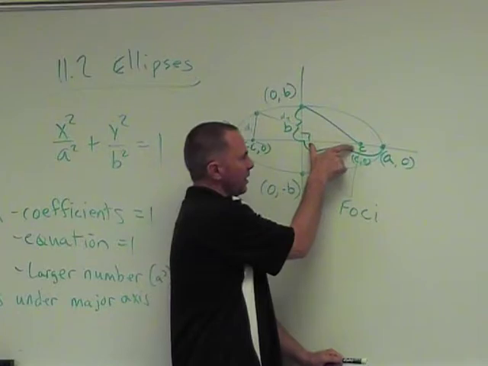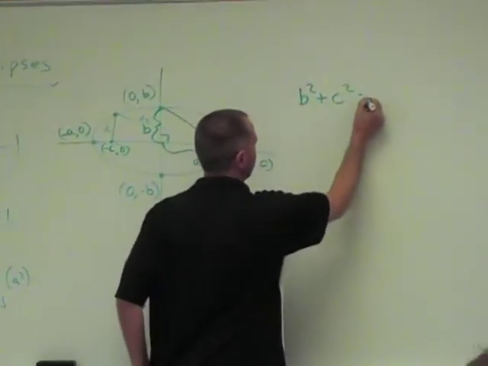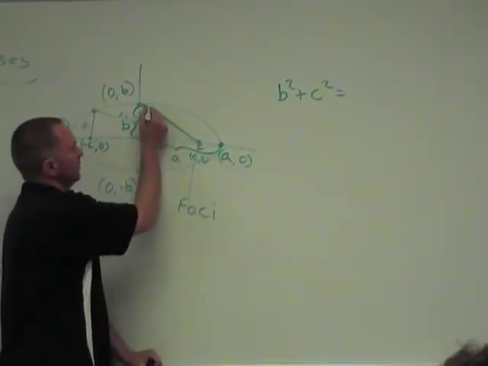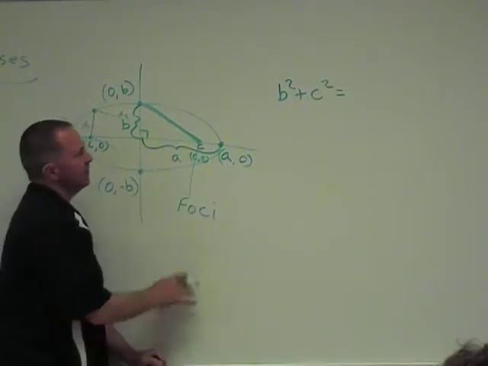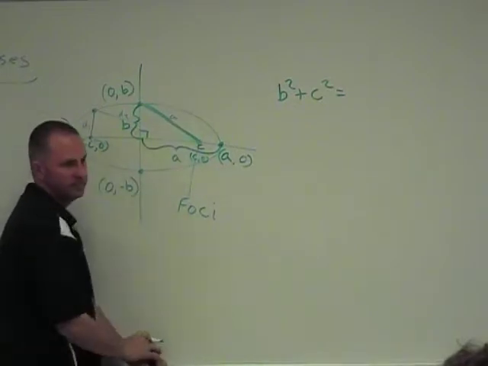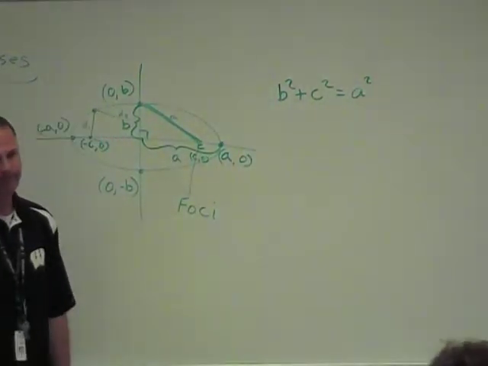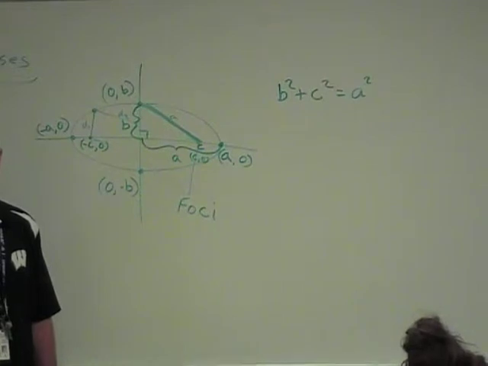So b squared plus c squared, like alphabetical, equals this hypotenuse, which is the exact same distance as a. So b squared plus c squared equals a squared. The sum of the squares of the legs equals the hypotenuse squared.